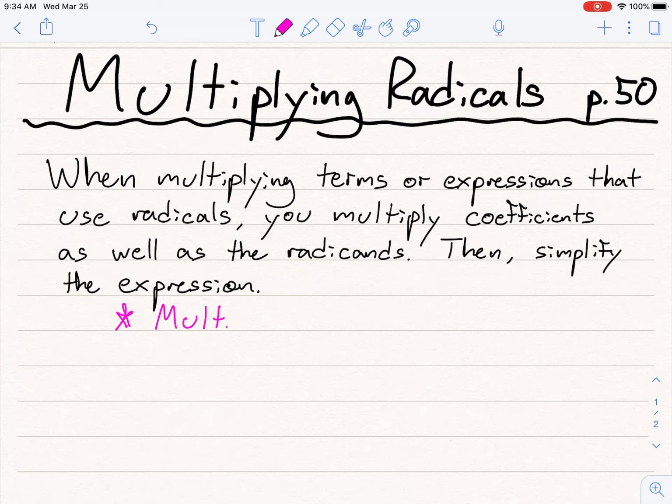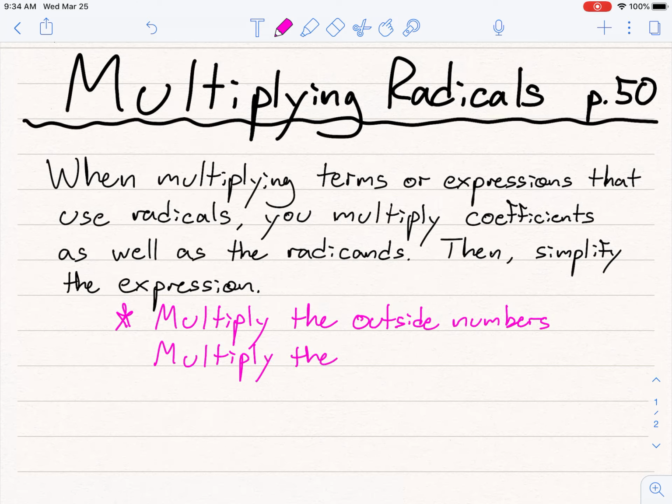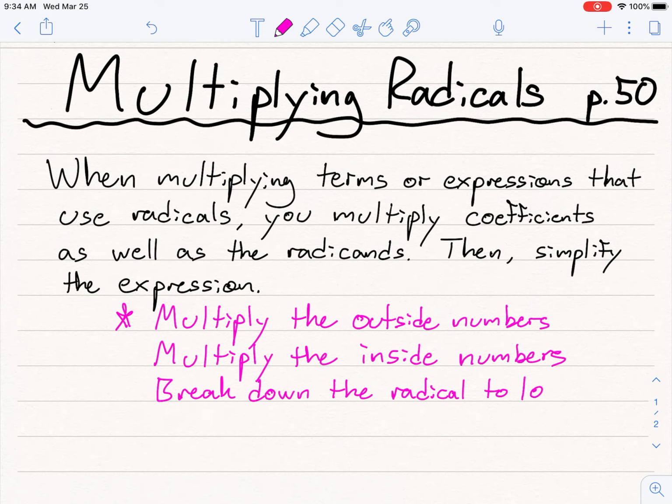You're going to multiply the outside numbers, you're going to multiply the inside numbers, and then you're going to break down the radical to lowest form.